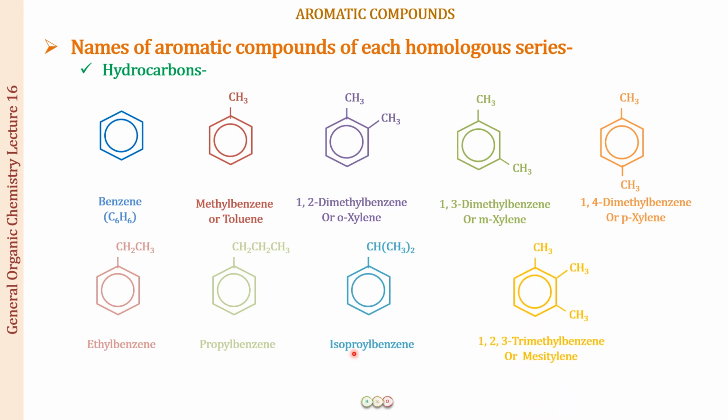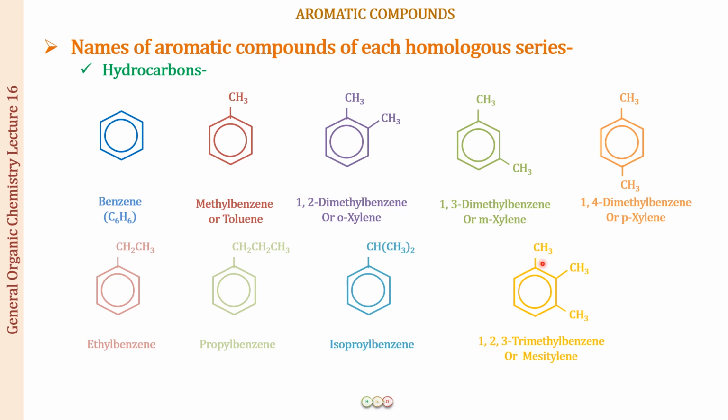All right, and the next we have a tri-substituted product where we have removed 3 hydrogens and replaced them by 3 methyl groups. So this is a mesitylene, whatever you may call it, and you can see that the three groups are present at position number 1, 2 and 3.